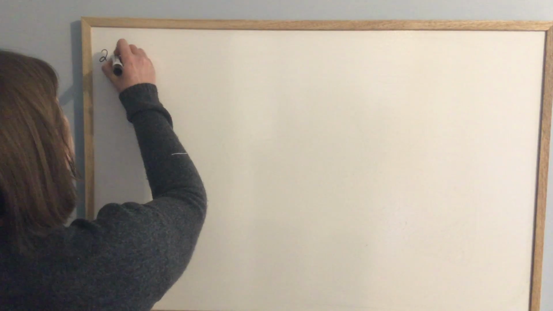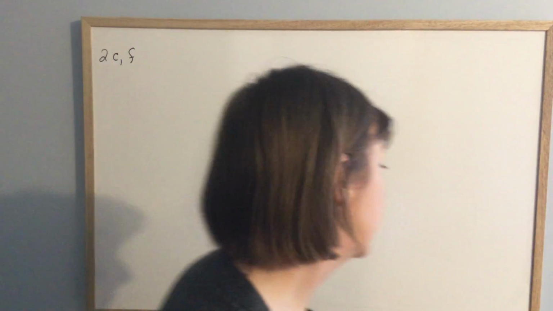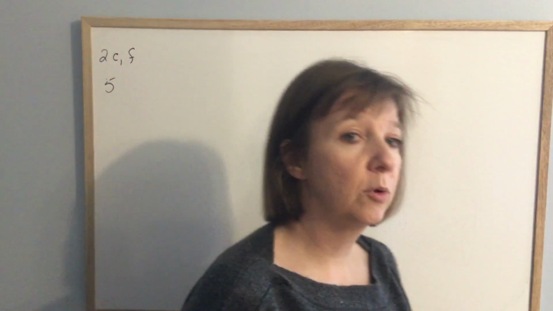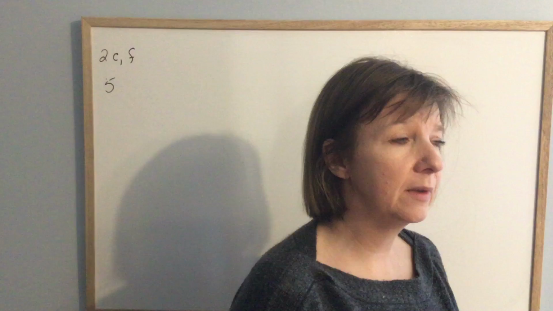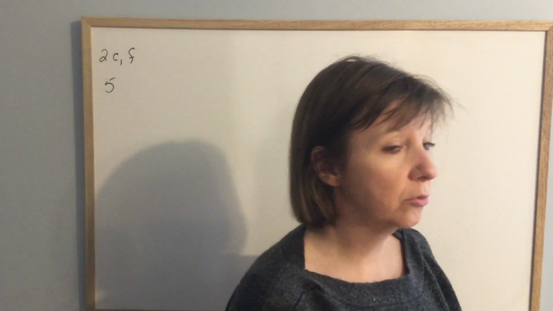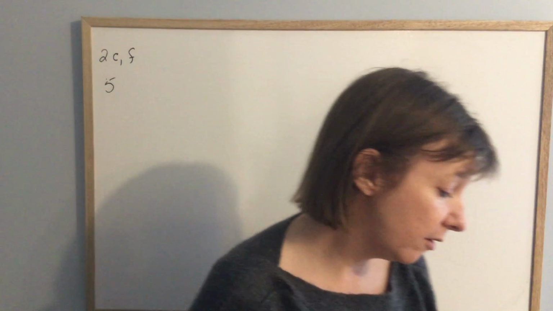Let's say I do C and F, and then number 5. Hopefully, if you're getting most of them wrong, it's likely not just that you screwed up a sign, it's probably something going wrong in your method. So let's see.